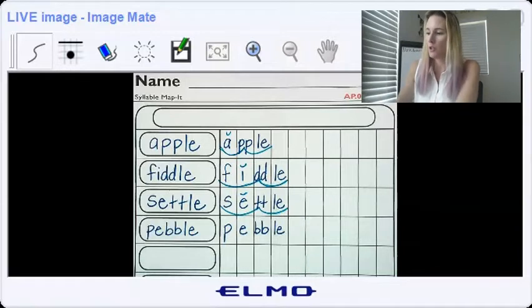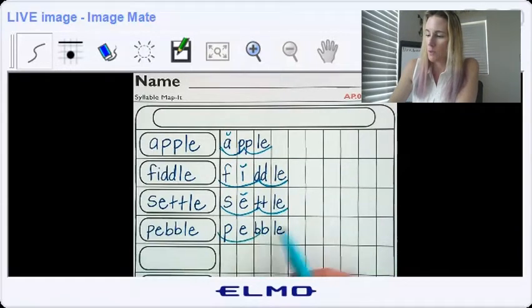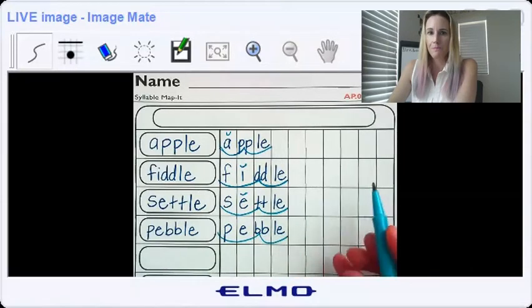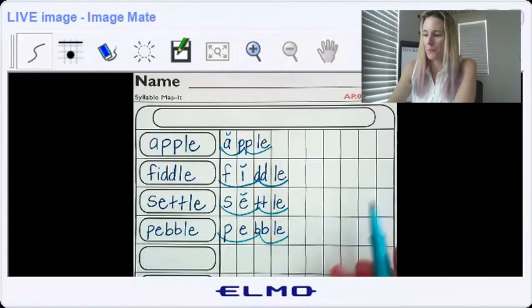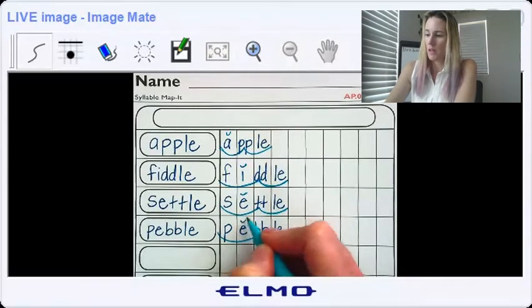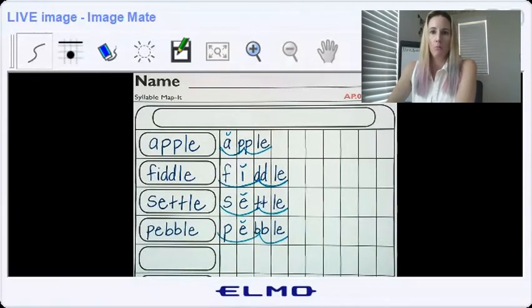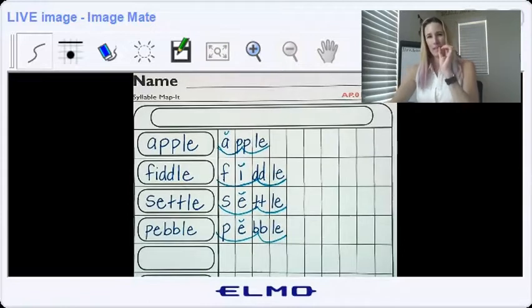Because we don't make the two B sounds. It's one sound. But when we divide it by syllables, we're going to split that double B. Peb-bull. Pebble. This is a short E. Pebble, like a small little rock you might find on the ground and pick up.